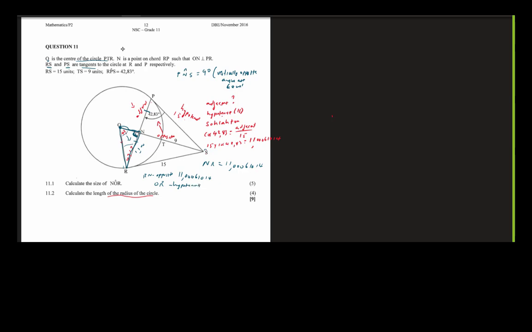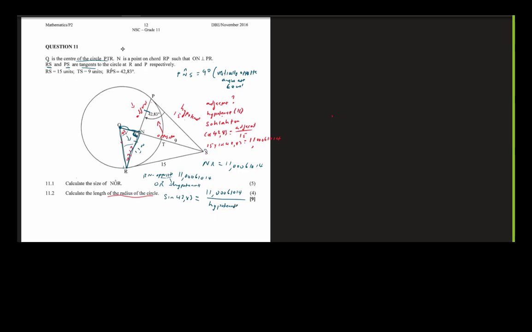So which one has opposite and hypotenuse? Sine. So you say sine 42,83 equals opposite, which is 11,00061014, over the hypotenuse, which is OR. Now you solve for x.